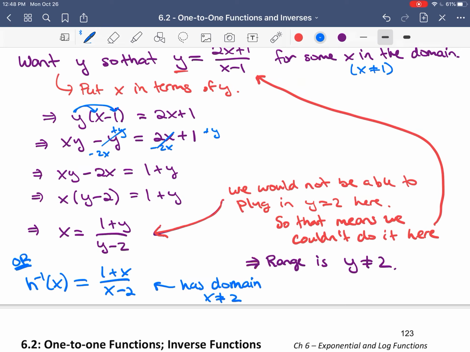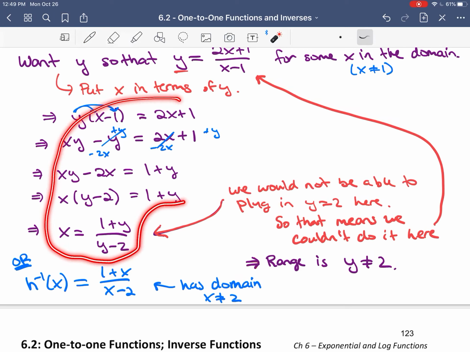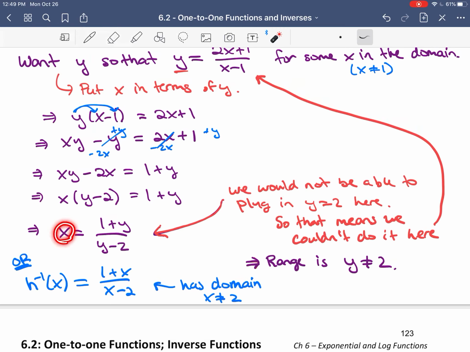The x values that you can't put into the inverse are the y values that you can't obtain from the regular one. This method is doing exactly the switch and solve method without the switch part. We're just solving for the other variable, because that tells you which y values are hard to find. That's how you'd find the range without actually finding the inverse, but you're essentially finding the inverse anyway.